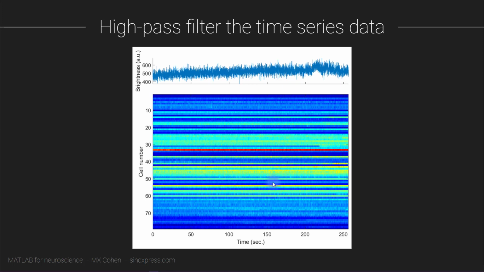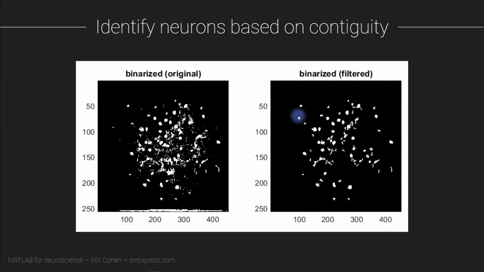Just to make sure it's really clear how to interpret this data matrix, remember that in the previous video, we identified all of the pixels belonging to contiguous clusters, which we are now calling neuron cell bodies. So what we are going to do in this video is extract the time course of calcium fluctuations from every individual pixel inside this cluster, and then we're going to average the time courses over all of these individual pixels, and that is going to give us one time course corresponding to the average calcium fluctuations from this cluster of data.